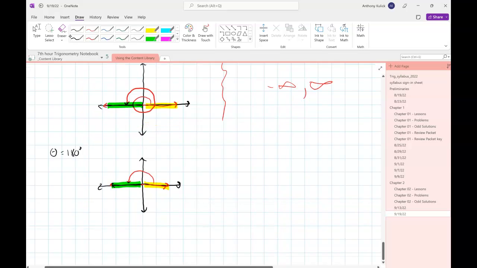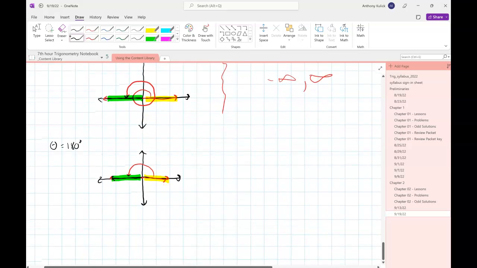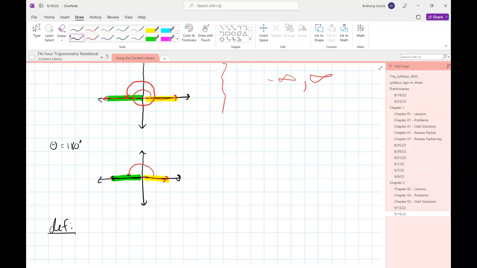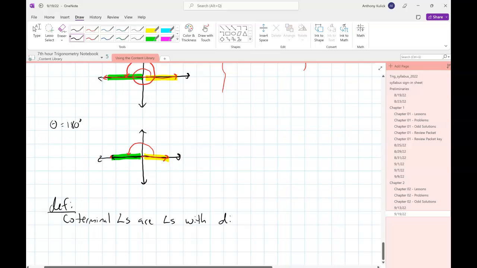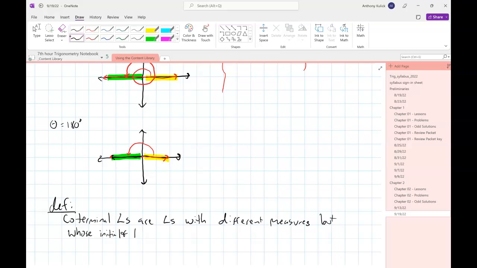We're going to give angles like this a special name. We're going to call these coterminal angles. Whoa.